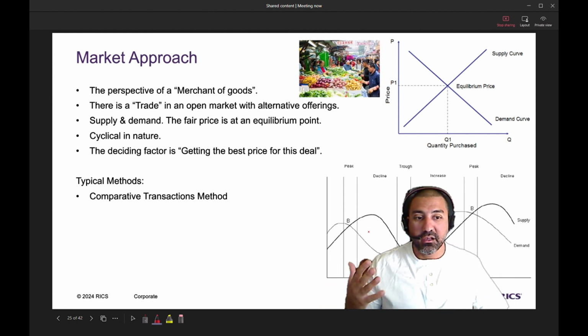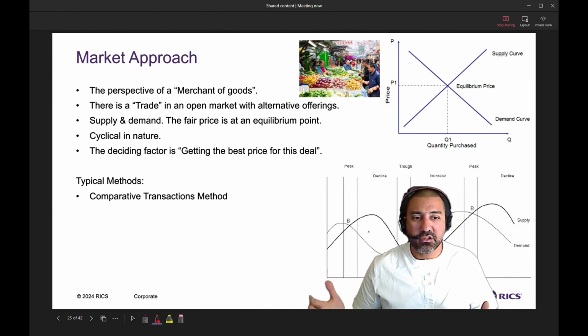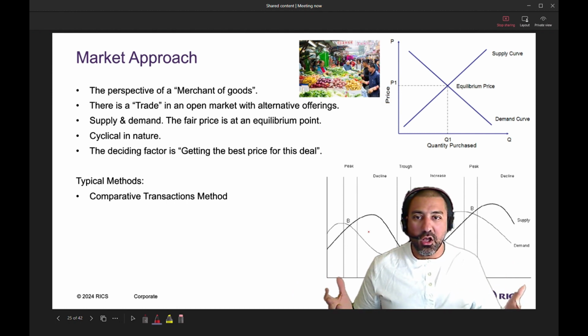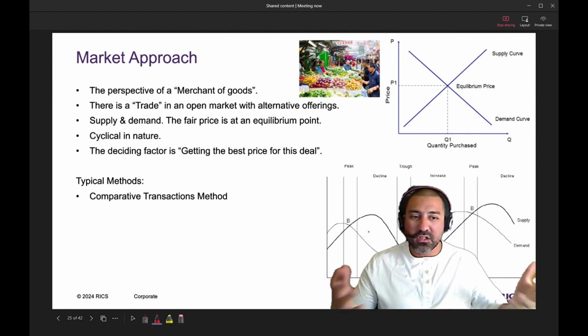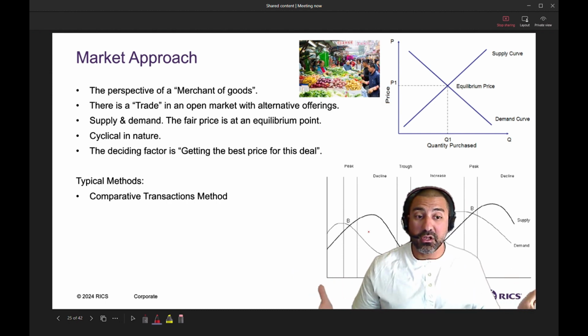Not all assets are created equally. Some have better location, some have better accommodation, some are in better condition. But given all the pros and cons of your asset, what is the best deal I can get given the alternatives that I have in the market at the moment? What's the equilibrium point?